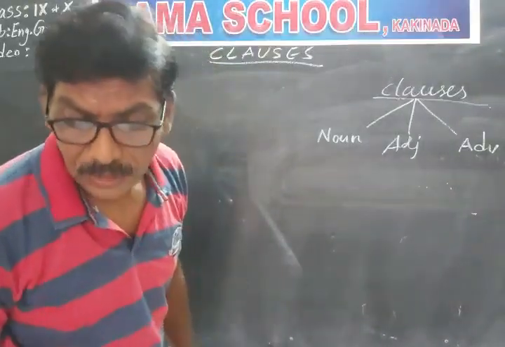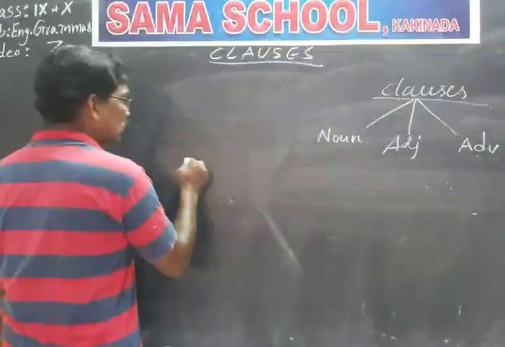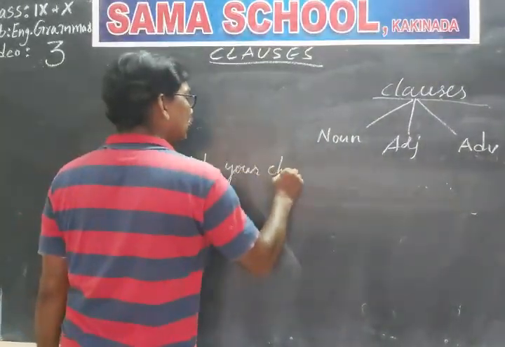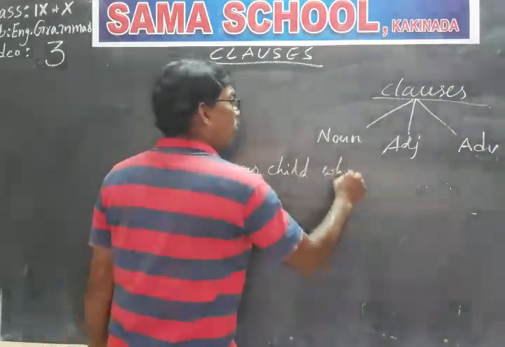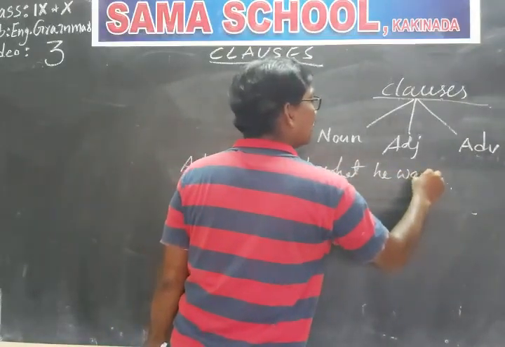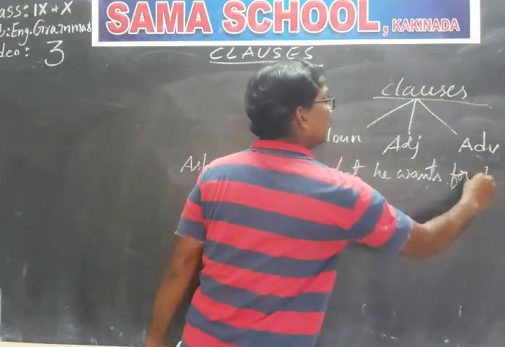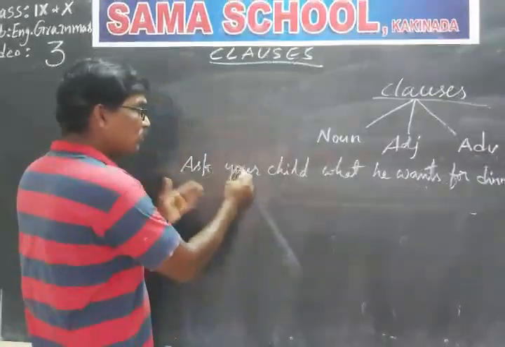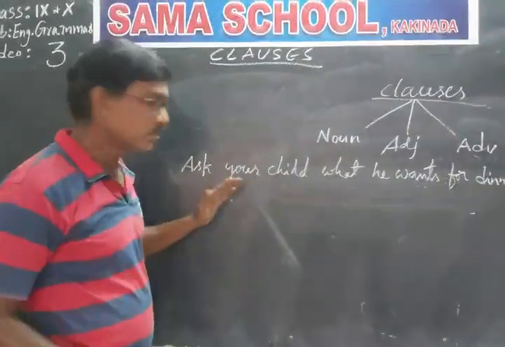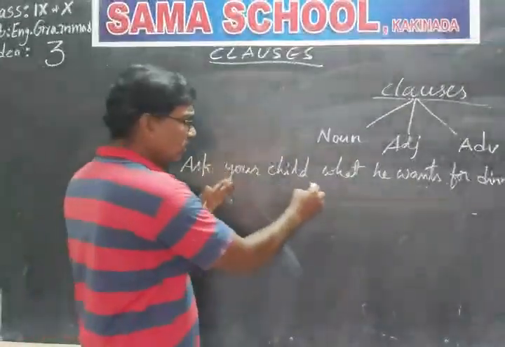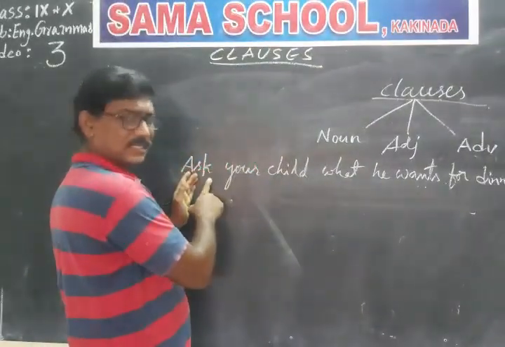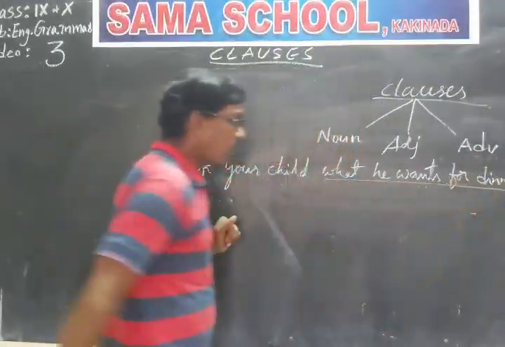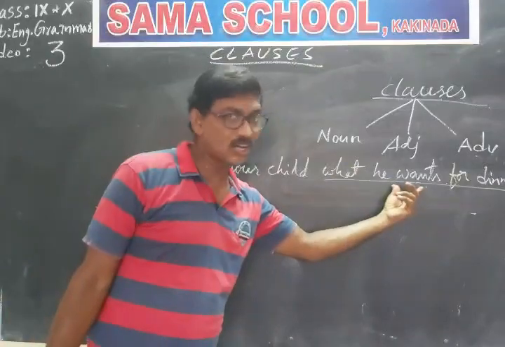For example: Ask your child what he wants for dinner. Here, ask is the verb, your child is the object. Now, what he wants for dinner is the clause.